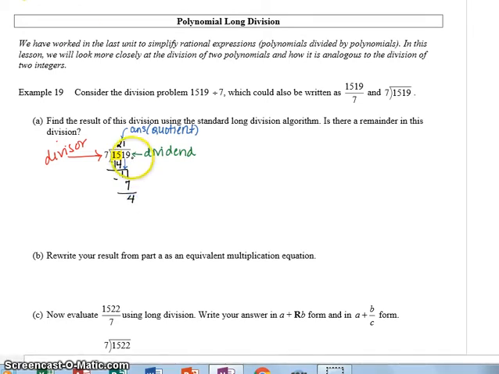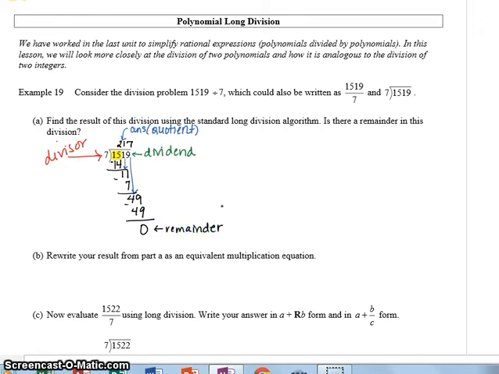7 couldn't go into 4, so then we would drop down the 9, and then you say how many times does 7 go into 49, and it goes 7 times. 7 times 7 is 49, and then you would have 0. And don't forget, 0 is always called your remainder. Okay?